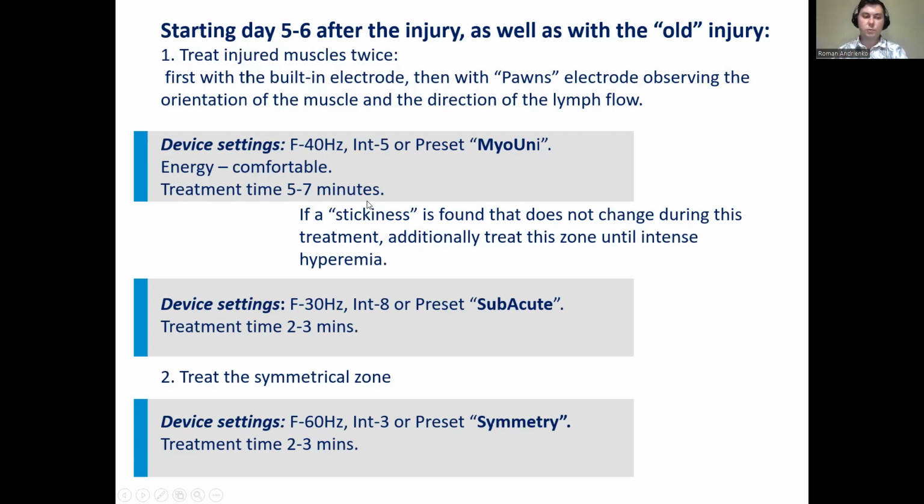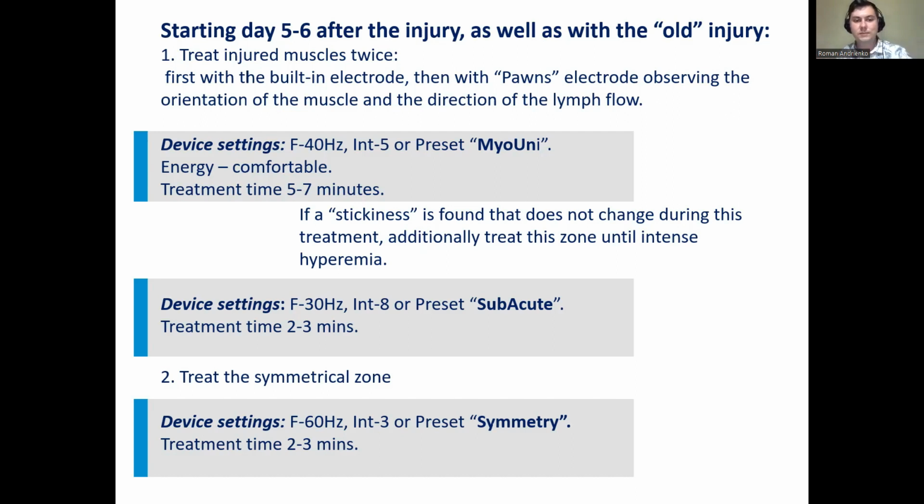If we are going through some certain area and we see that the electrode is sticking to some certain place, which is one of the signs of a small asymmetry, if the thickness is found, and this doesn't change during our treatment, we should additionally treat this zone until it is intensively red, until intense hyperemia. So and until the thickness has disappeared.